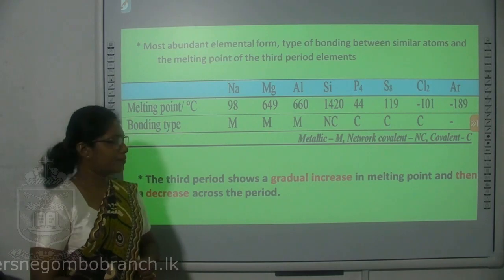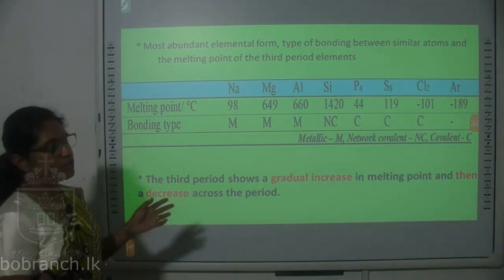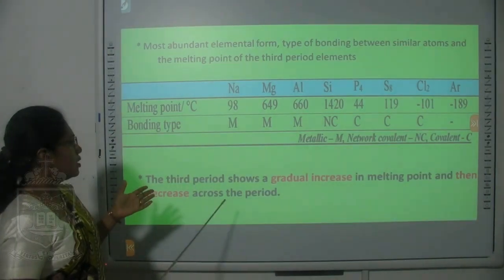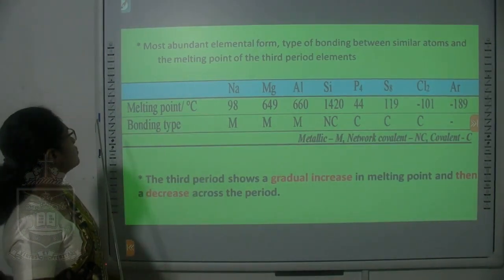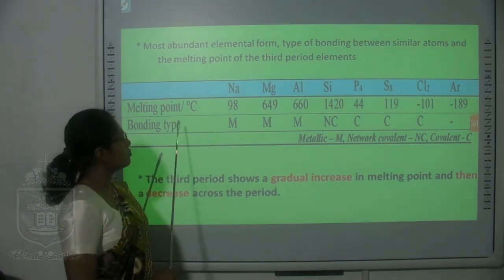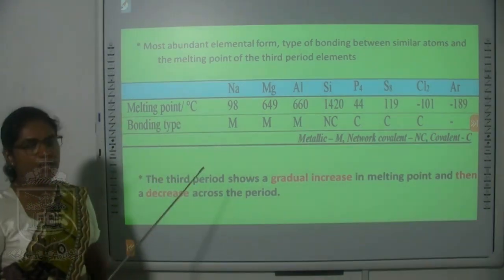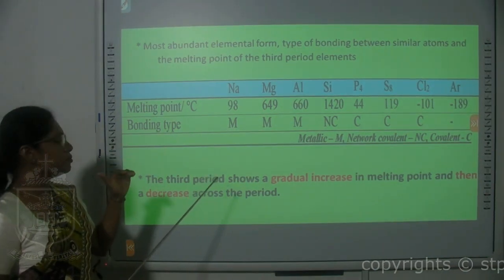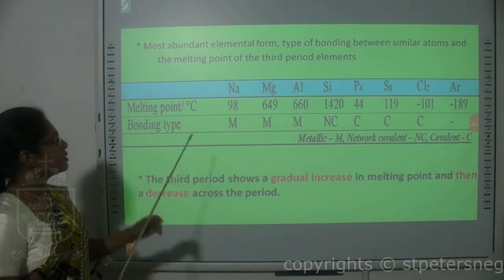Now here we are going to consider the third period elements, and how melting point and bonding type correlate.